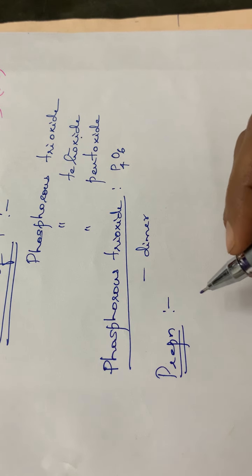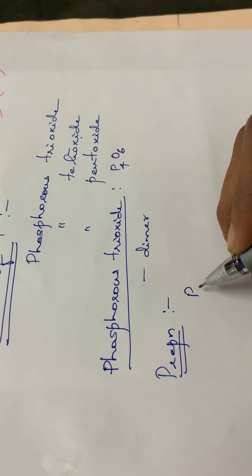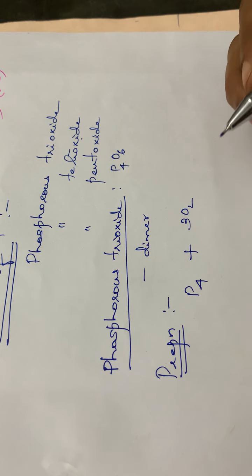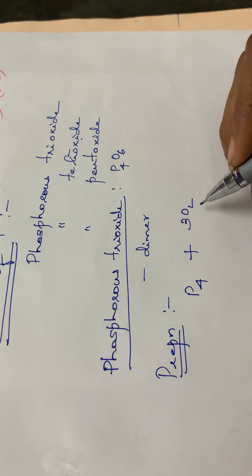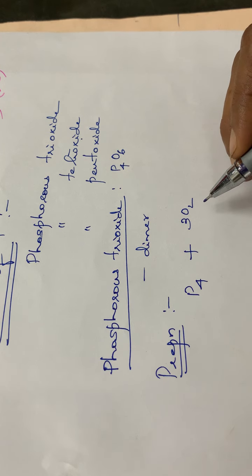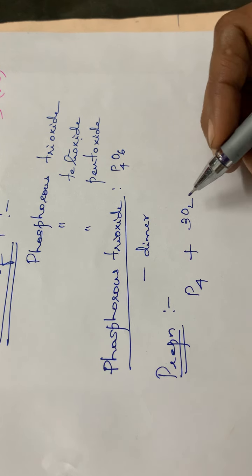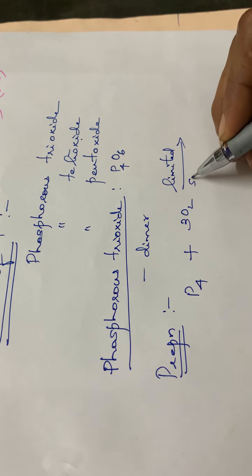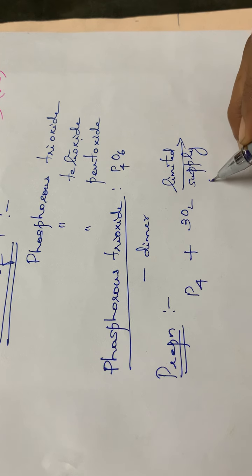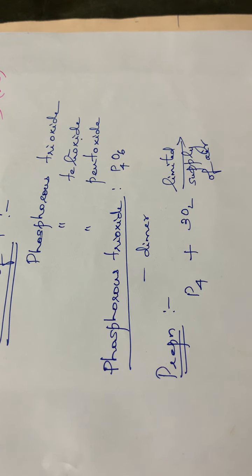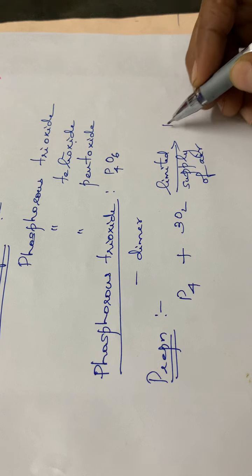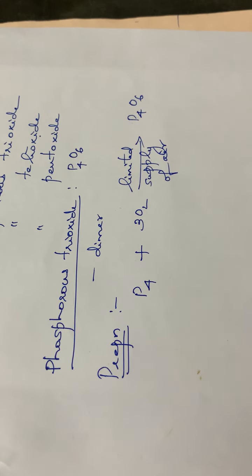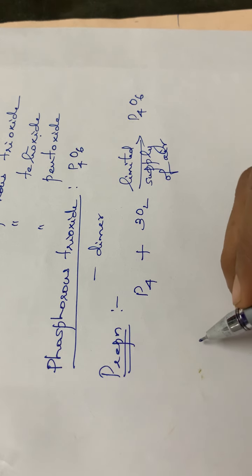It is prepared by the reaction of phosphorus with oxygen, in a limited supply of air, which gives P4O6.